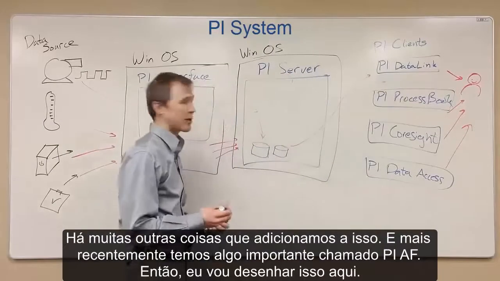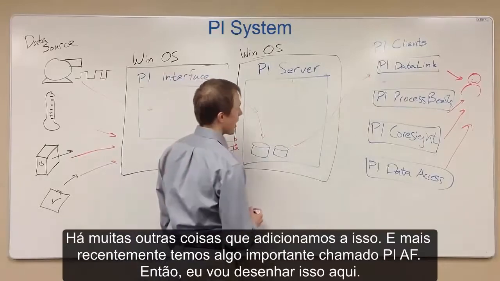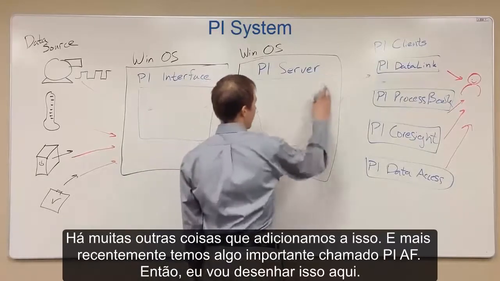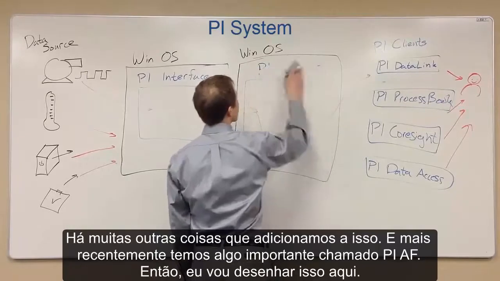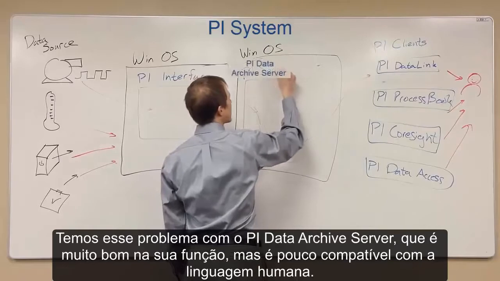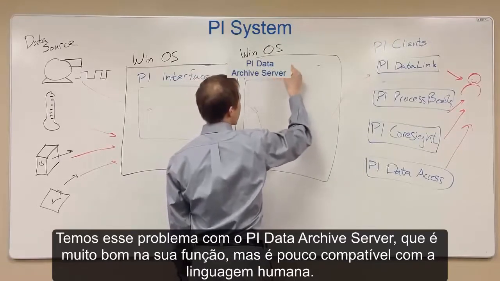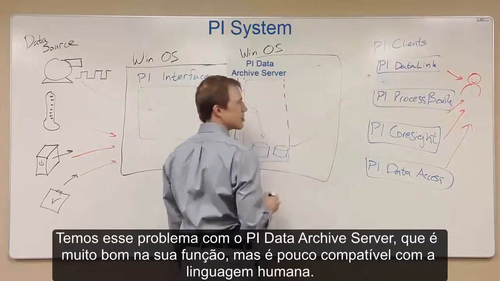There's a whole lot of other things we add on to this. And most recently and most importantly, we have something called Pi AF. So I'm going to actually draw it in right here. We had this problem with the Pi server. It was really great at its job, and it still is really great at its job. But it's very machine friendly.